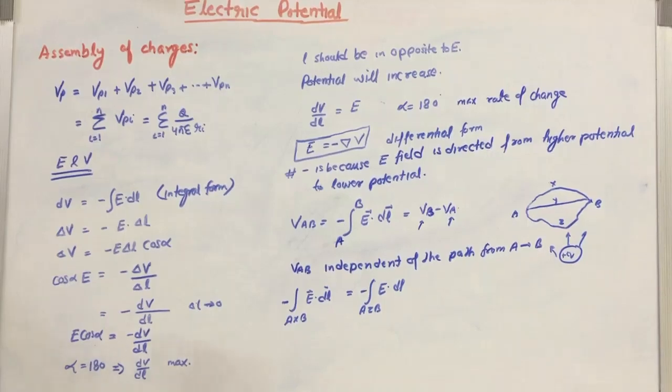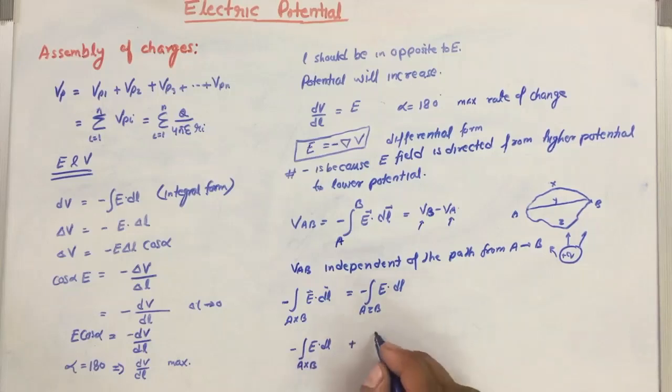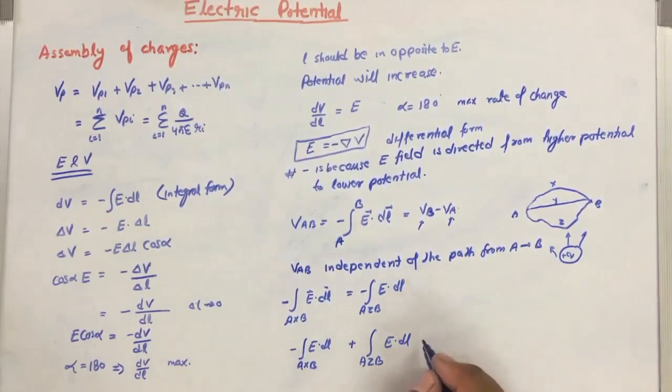Okay. So if in this way both will remain the same, then what can we write? Minus E dot dl AXB plus AZB E dot dl we can write, is equal to 0.